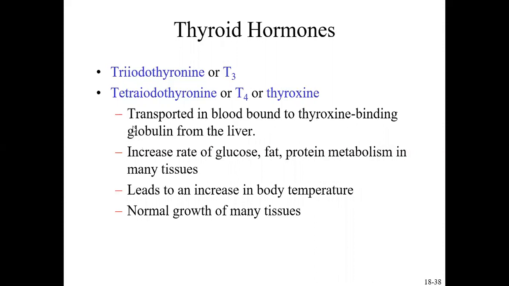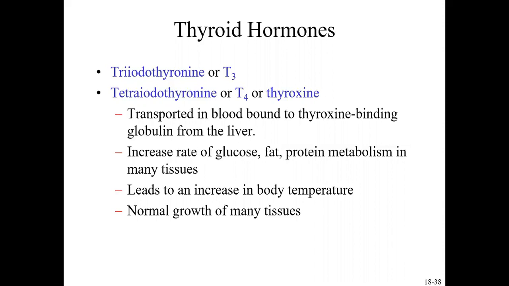Globulin is just a name for a protein in the blood, and this particular hormone requires a protein to help it travel around in the bloodstream. Now, the second thing about T3 and T4 is that because they are metabolic type hormones, they help to break down glucose, as you remember from 168, and glucose and lipids or fats. You break down these things, and that helps you to produce energy.